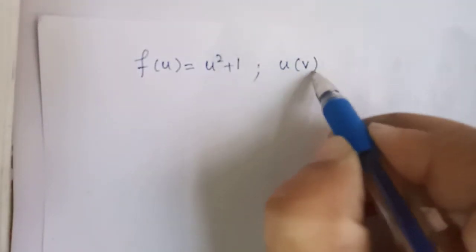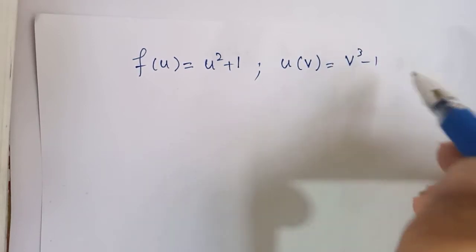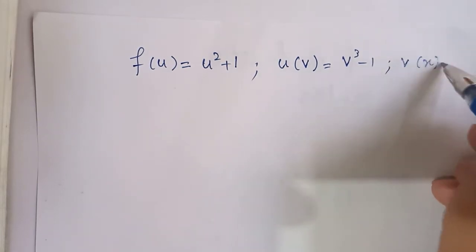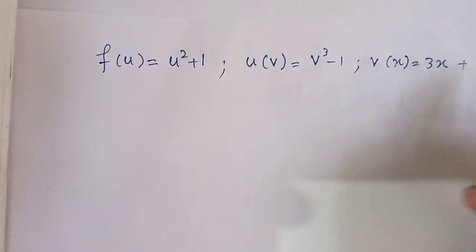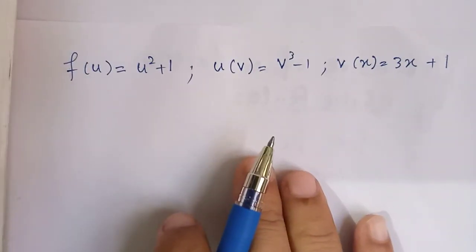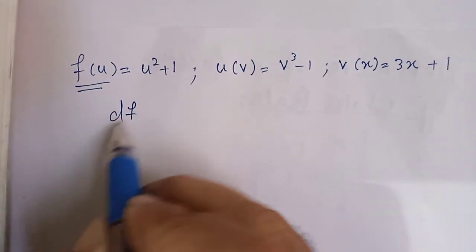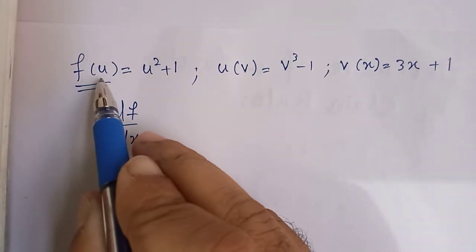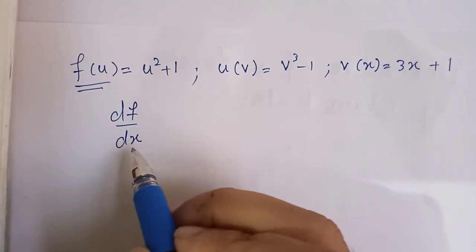Then u is dependent on v, and let's say this is v cube minus 1, and v is dependent on x, and let's say this is 3x plus 1. Now if you need to differentiate the given function f with respect to x, this function is not dependent directly on x, so you cannot differentiate f with respect to x directly.